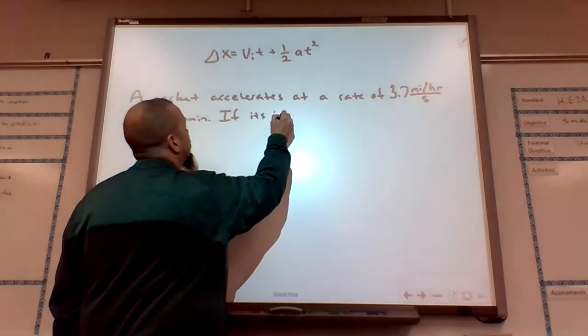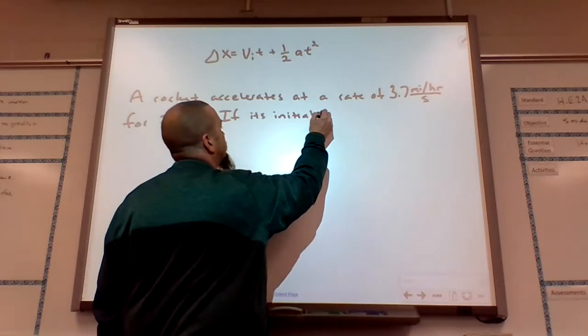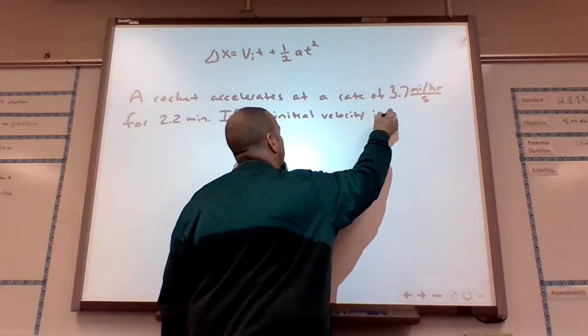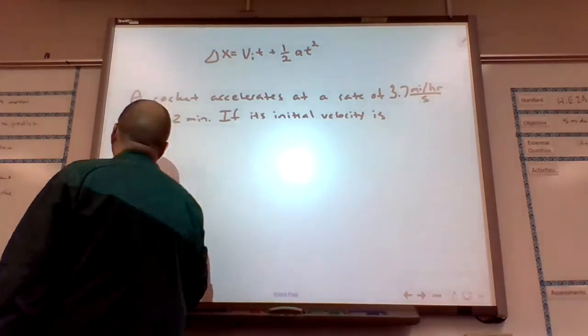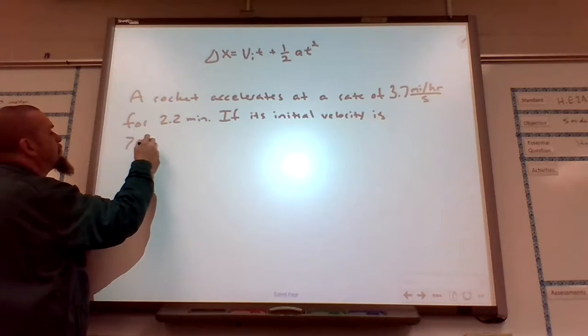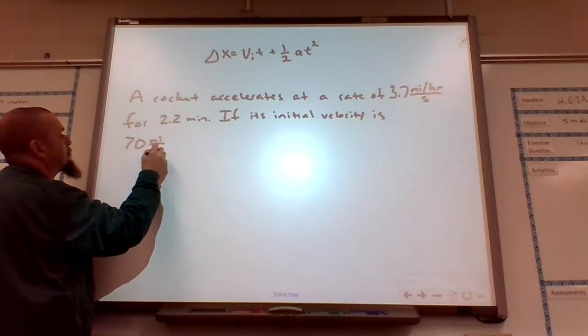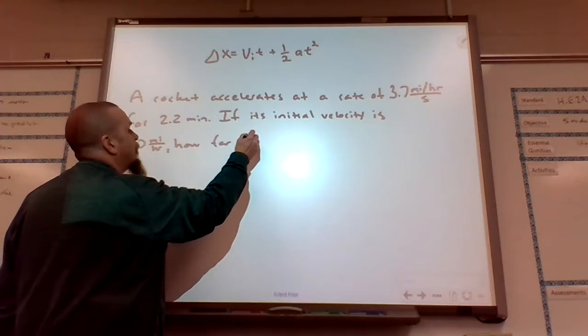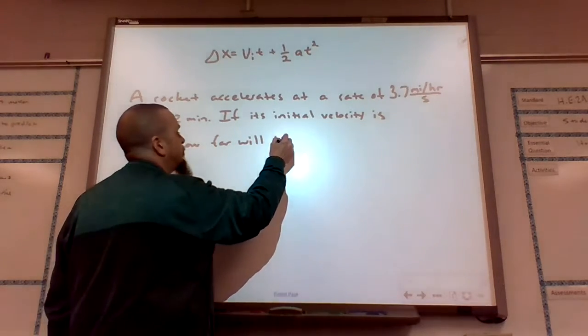If its initial velocity is 70 miles per hour, how far will it travel as it accelerates?